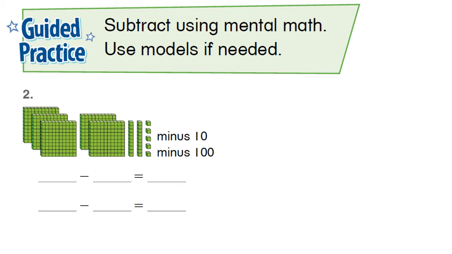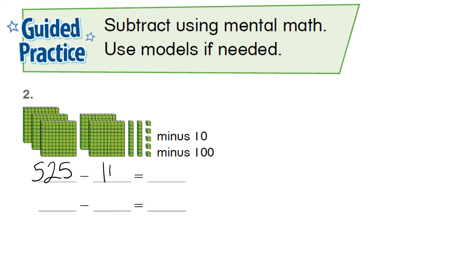This is guided practice number 2 from 11.1. Now it doesn't give us the total that we have with this model. So we have 5 flats, we have 2 rods, and we have 5 units. So we have 525.